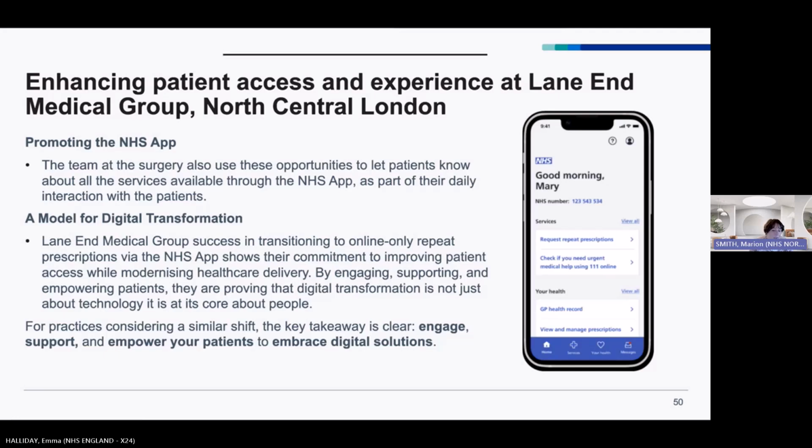That starts by asking the question, how can we support you? Then listening to that and tailoring our approach to change in a way that's going to support the patient to make that transition. And of course, for patients who can't for any reason do that, that support is always there as well. So thank you very much.